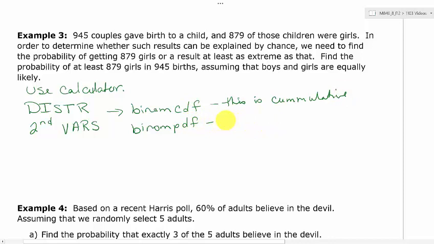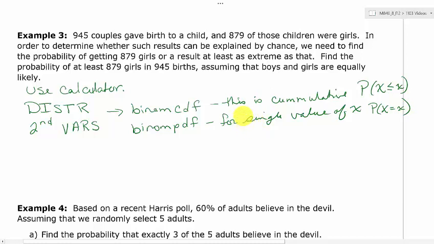This is for a single value of x. So using probability notation, this first one, binom CDF, would calculate the probability that x is less than or equal to little x. And the second one is for calculating the probability that x is equal to little x.